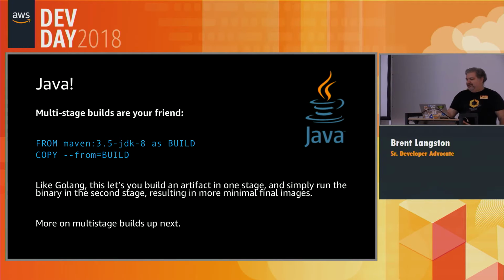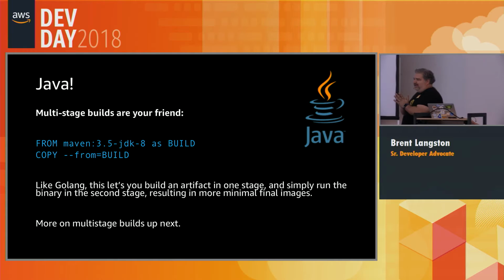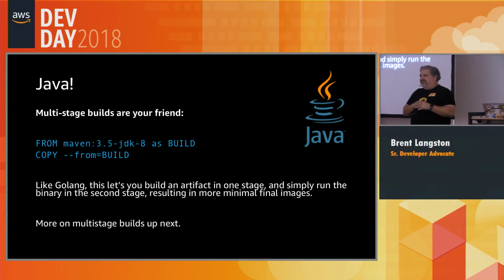Java, this is more than just for Java, but it's really handy for Java because when you're doing Java you run tests, and the tests often take a lot of additional software to be able to run. But you don't need that software to live in your final container. So Docker introduced, maybe a year ago, something called multi-stage builds.